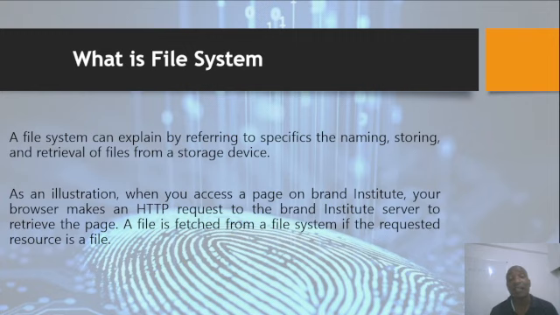A file system can be explained by referring to the naming, storing and retrieving of files from the storage devices. Your operating system uses the internal file system to load the file from the storage devices each time you open a file on your computer or mobile phone, because there's also a file system in a mobile phone.